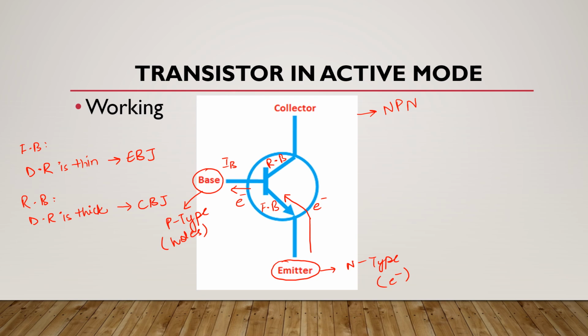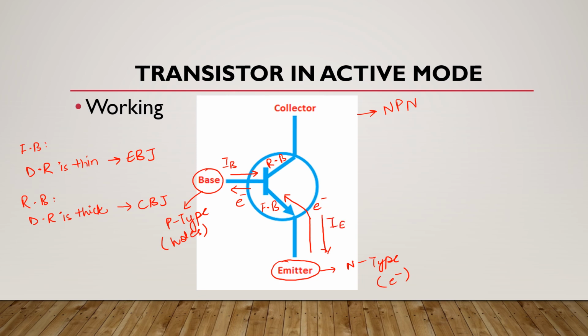We know that the direction of conventional current flow is opposite to that of the flow of electrons. It means this is the direction of base current, and this is the direction of emitter current.